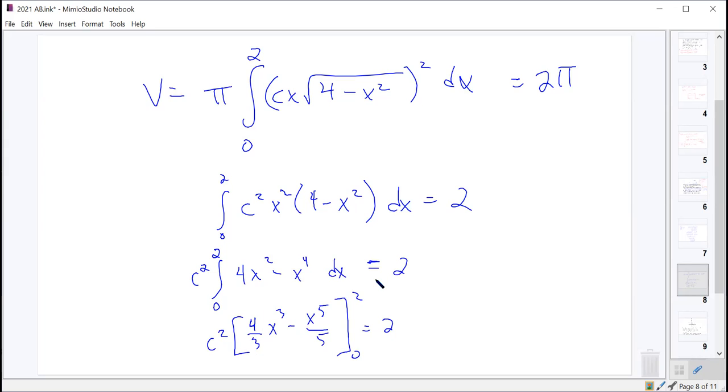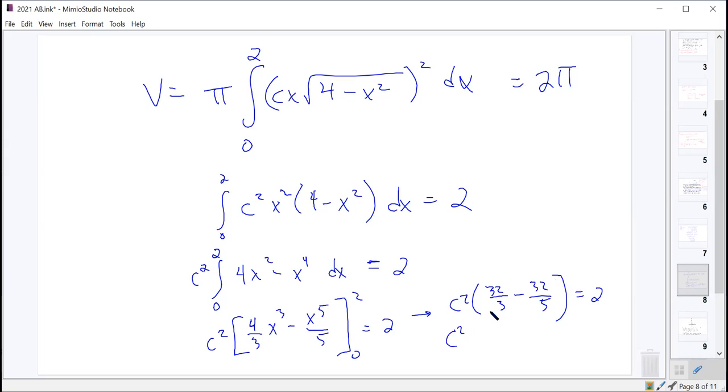And then what? Plug in your 2, plug in your 0. So we've got c squared times, what is that, 32 thirds minus 32 fifths, equals 2. And what does that give us here?